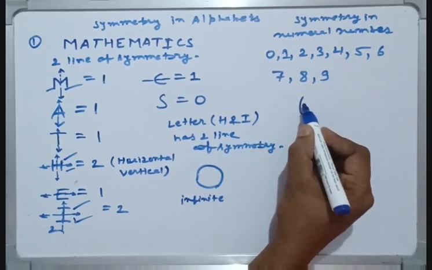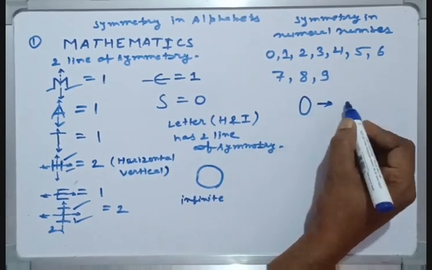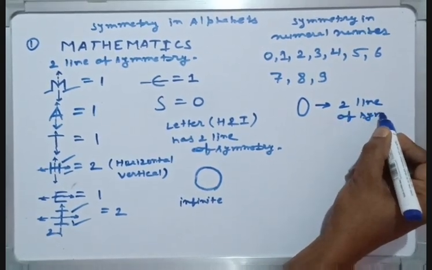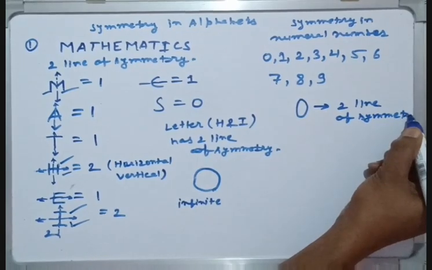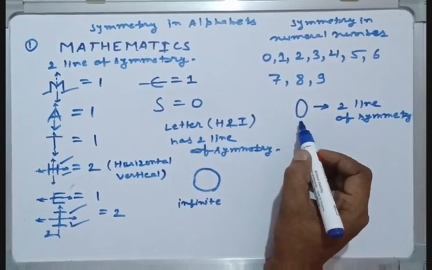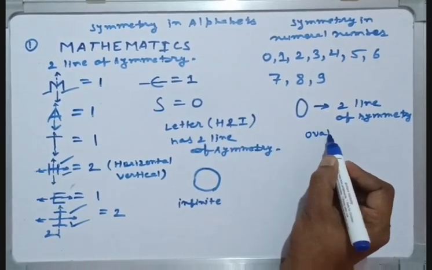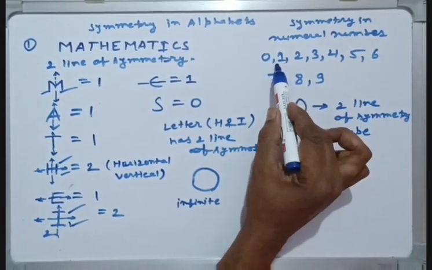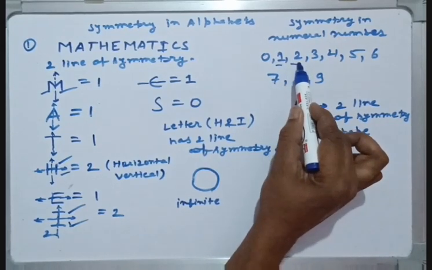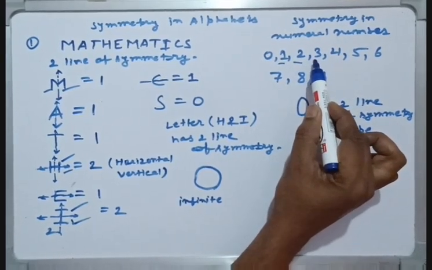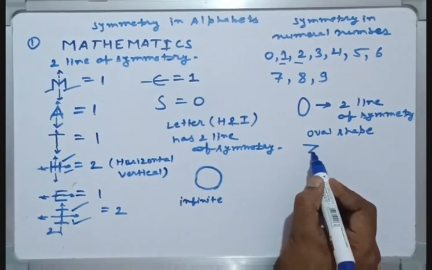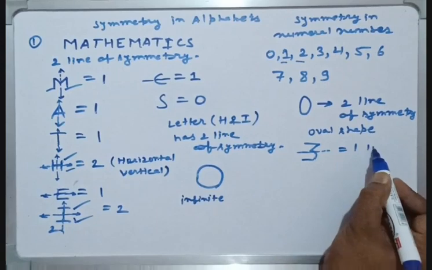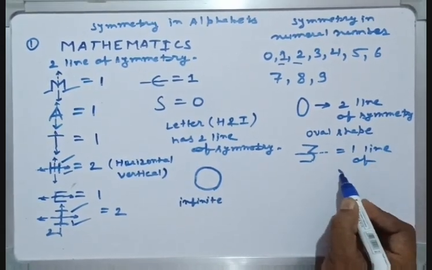So 0 has only two lines of symmetry. Why? Because it is in oval shape. And 1 has none, 2 has no line of symmetry, 3 has one line of symmetry.